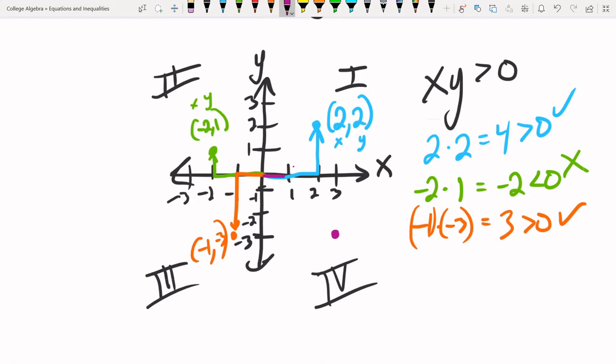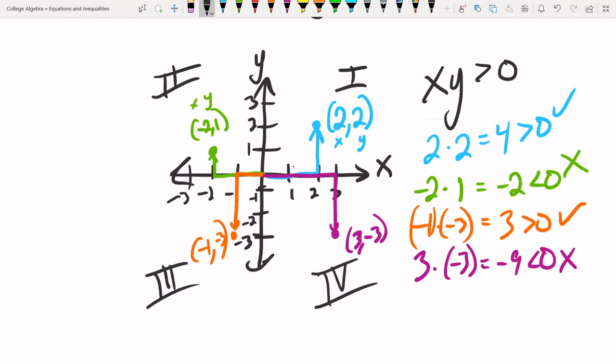And finally, purple goes to 3, down to 3, so (3, -3). X times y, we get -9, which is less than 0. So which quadrants satisfy x times y greater than 0? Quadrant 1 and quadrant 3.